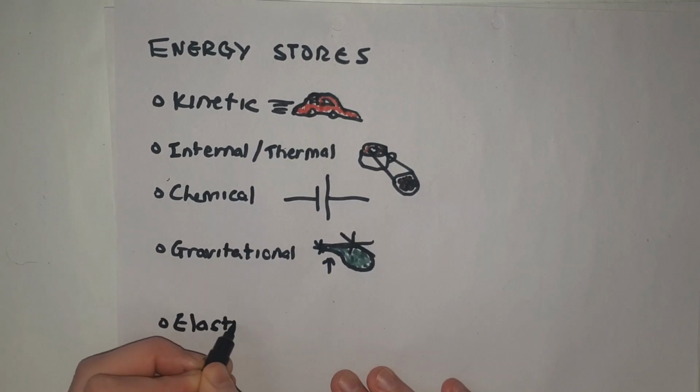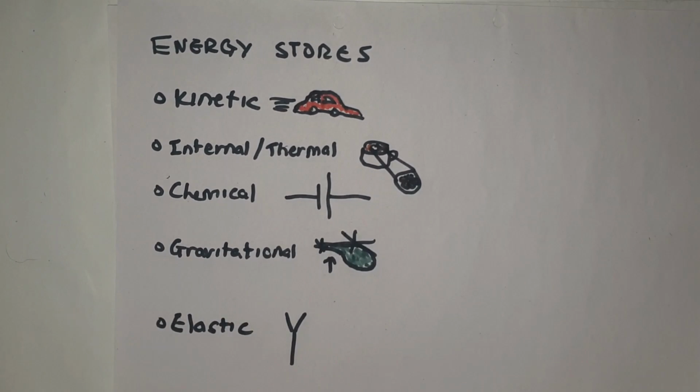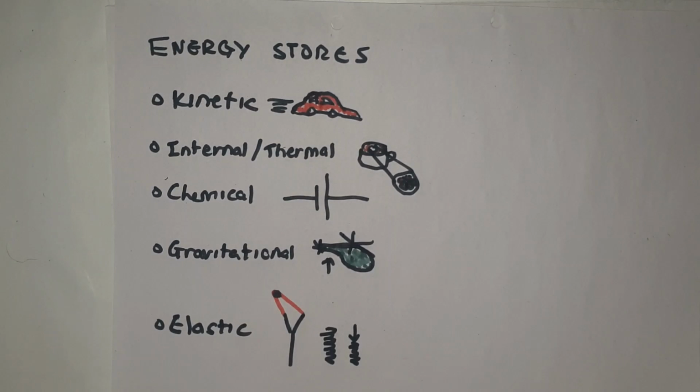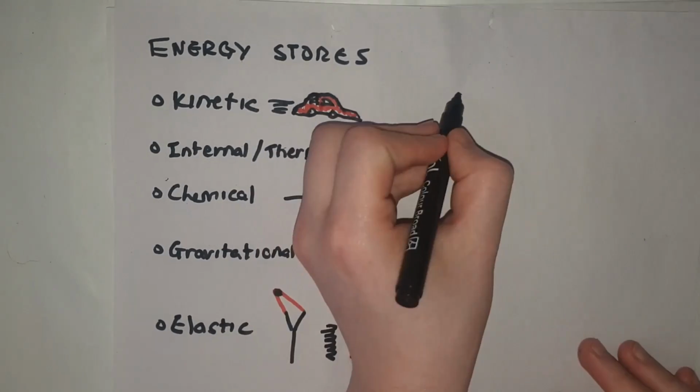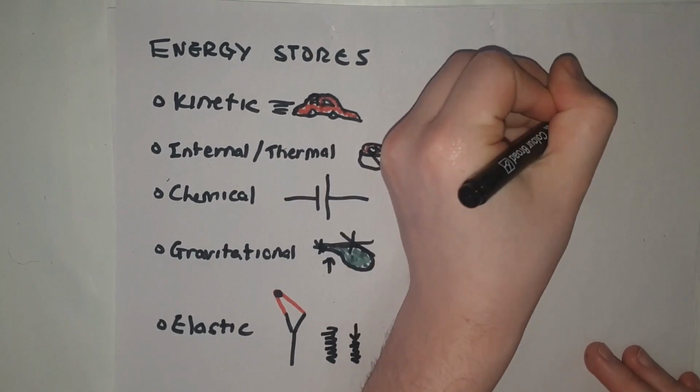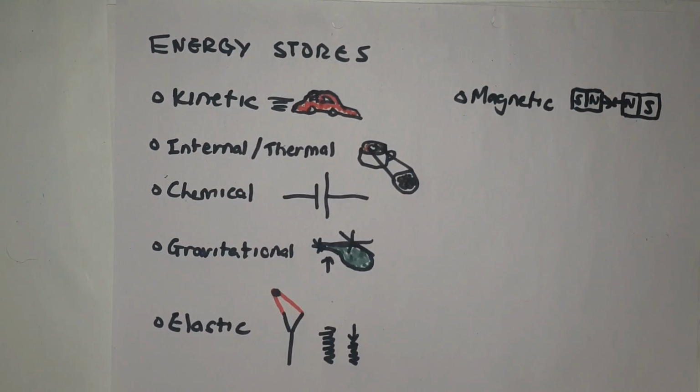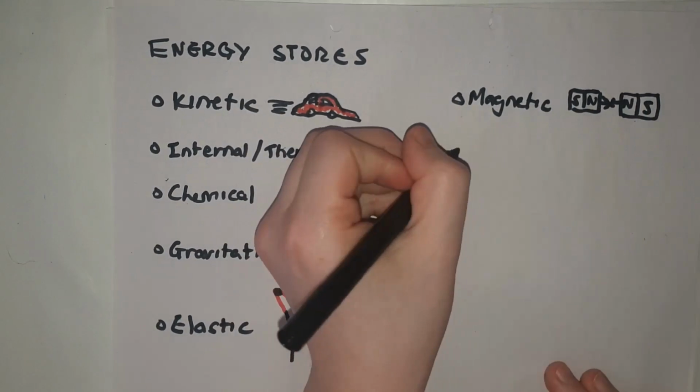Next is elastic potential energy. If you stretch or squash an object, it will store elastic potential energy. Some examples of this are stretching elastic bands, squashing or stretching springs, using catapults, and things along that line. Next we have magnetic energy stores. This is the energy stored when you push 2 repelling poles together, or if you try to pull apart 2 attractive poles.